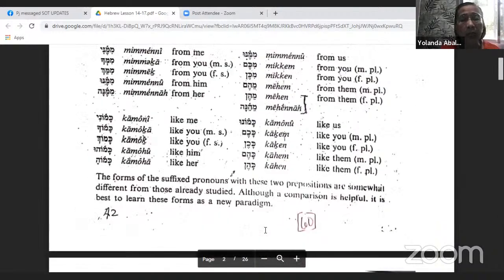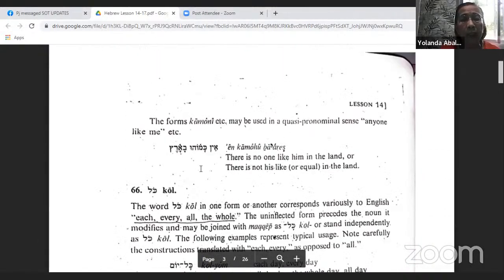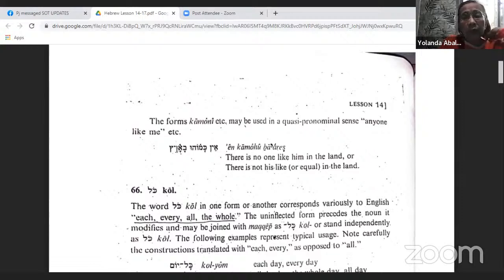Alright? Kaya makita nyo, napaka-importante ang pag-aaral na yon. Ito tayo, en kamoho baarets. Ano yung sabi ko sa inyo, lagi niyong basahin yung Hebrew calligraphy. Huwag niyong babasahin yung equivalent na noon ng transliteration. Ang forms na pag-aaralan natin dito sa term na ito ay ang kamoni.